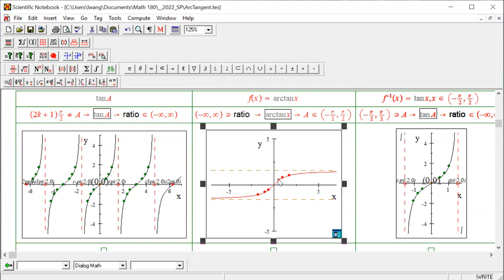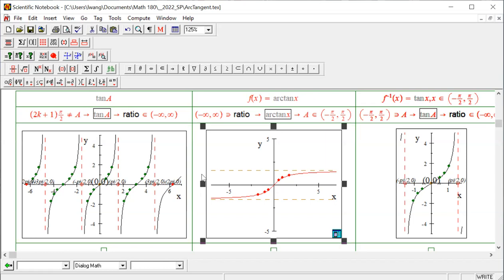And 0, 0. And √3/3, π/6. And this is 1, π/4. And this one is √3, π/3. You can see the correspondence.